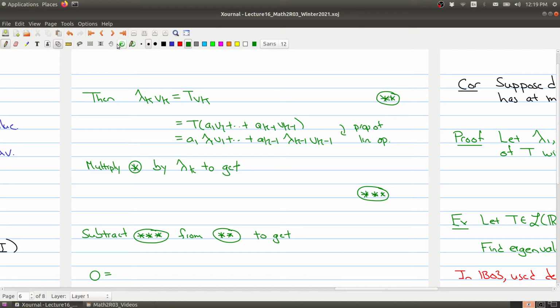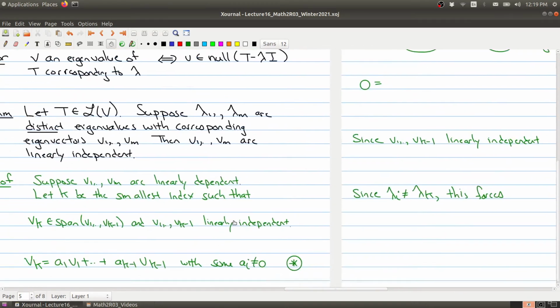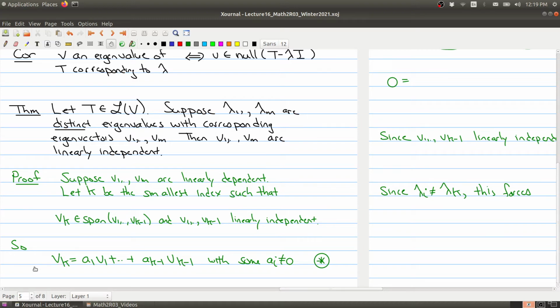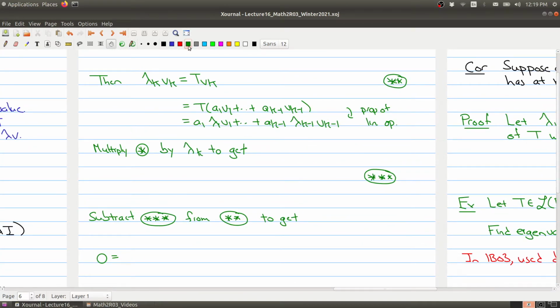Okay, so let's go back. This is expressing lambda k times vk. Over here, we have an expression for vk. So what we're going to do is multiply this expression by lambda k on both sides. So we get another way of expressing lambda k vk.